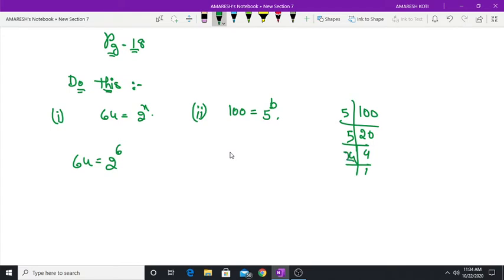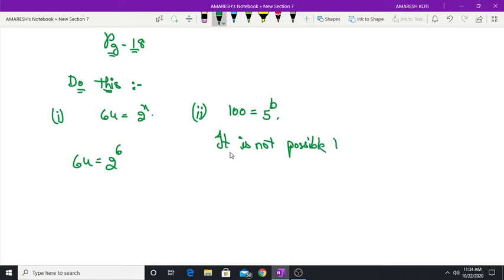But there is not only the single base 5, there is also the base 2. So it is not possible to write 5 power b equals 100. Simple.